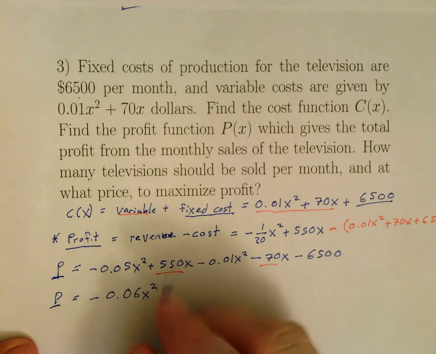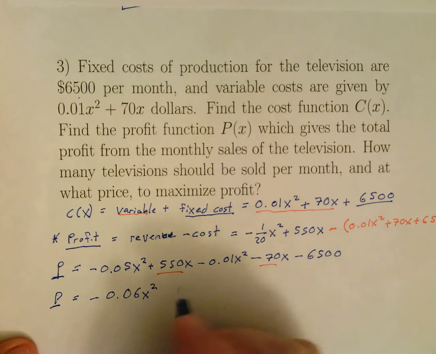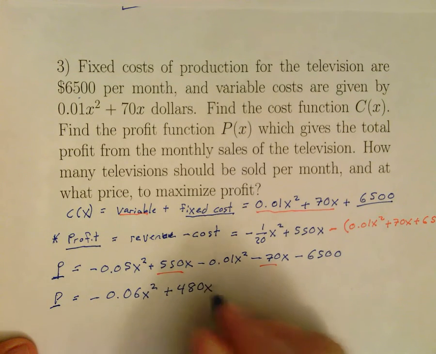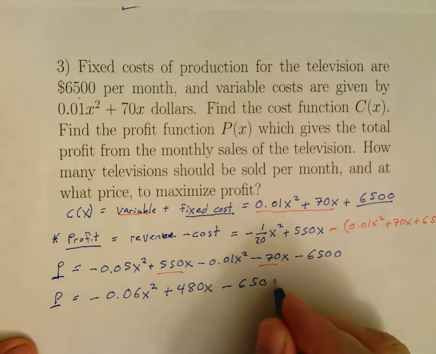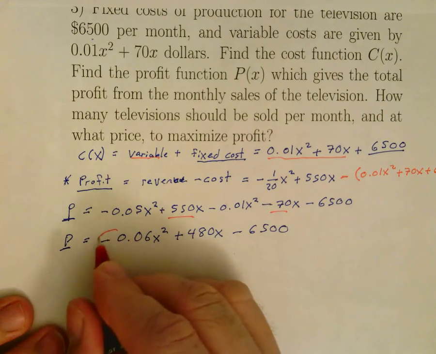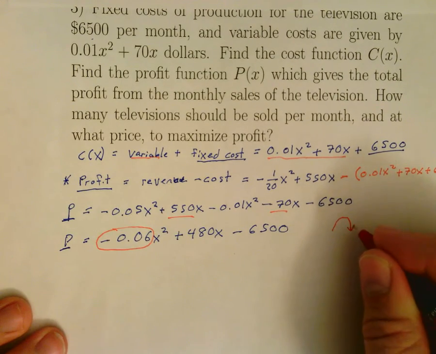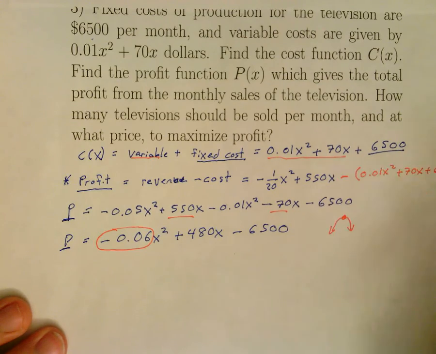Yep. Okay, so that's going to be plus 480x, and then left over minus 6,500. Now remember, I want to maximize my profit. This number here is negative in front, so just like in the last problem, we see that the parabola is going to be going down, and if I want to maximize it, it's going to be that little vertex there.